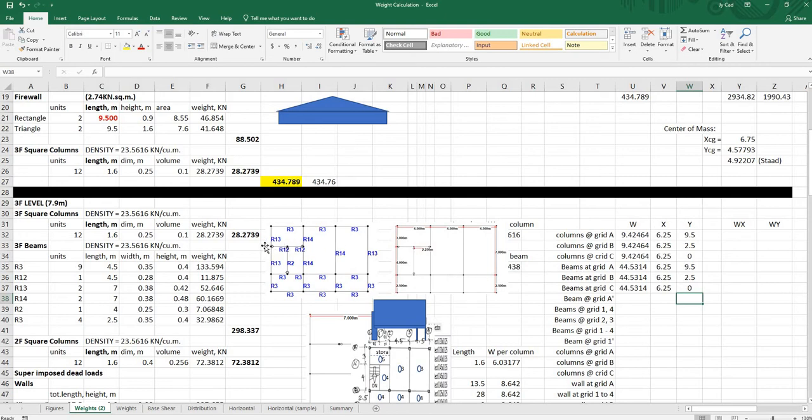But meron pa tayong beam at grid A prime, which is R12 with a dimension of 0.28 by 0.4. So the weight is 0.28 by 0.4 times the length, which is 4.5, multiplied by 23.5616.